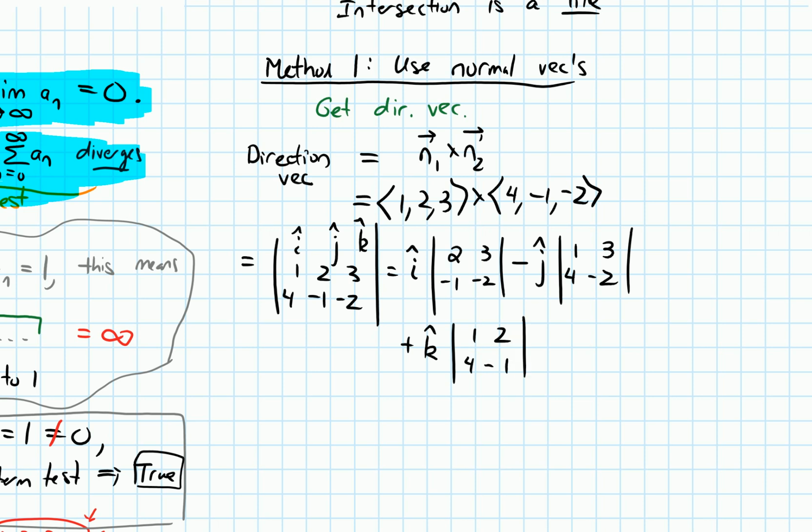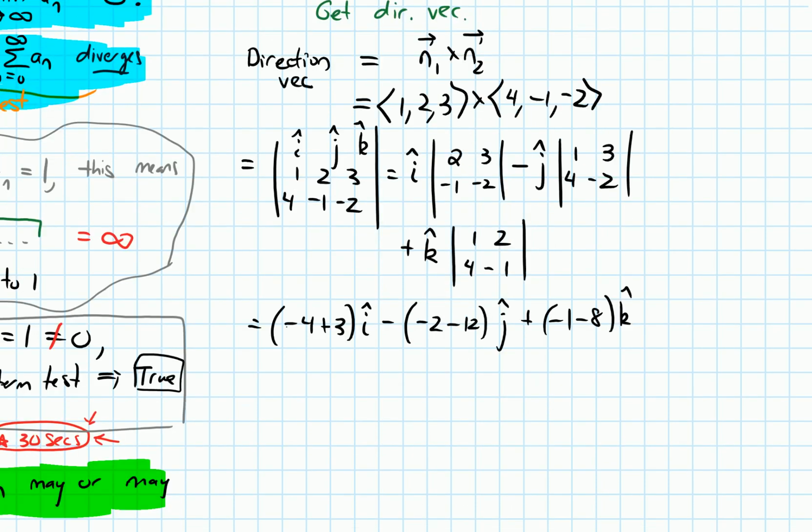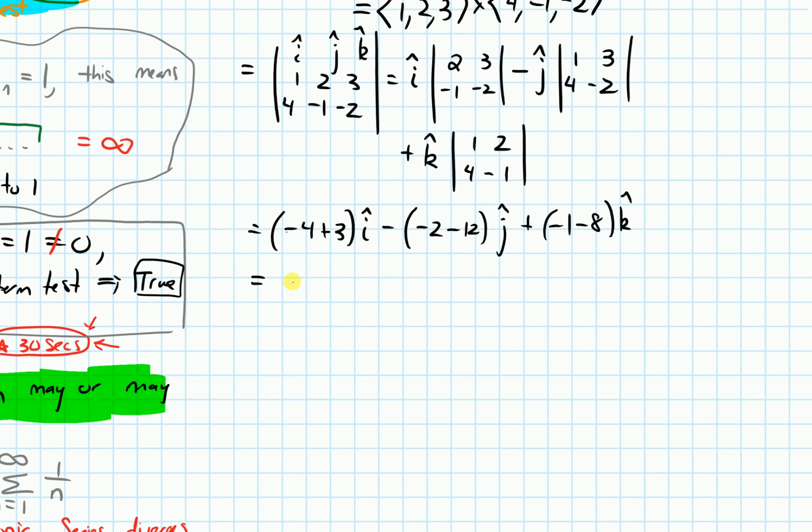All right, so if we evaluate this, for the i determinant, I'll get -4, and then plus 3, i hat. And then I have minus, for the j one, I'll have -2, -12, j hat. For the k one, we'll have -1, -8, k hat. All right, so we got negative i hat plus 14 j hat minus 9 k hat.